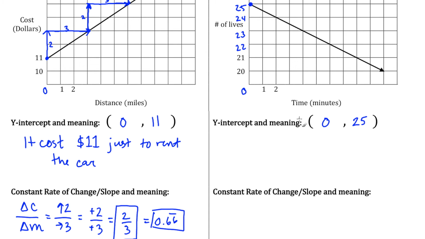So remember, he's playing a video game, he's losing lives. So Jesse starts off with 25 lives.